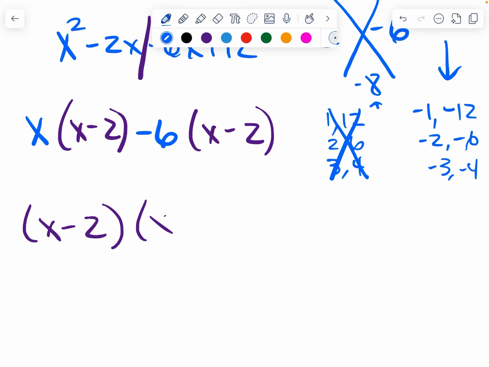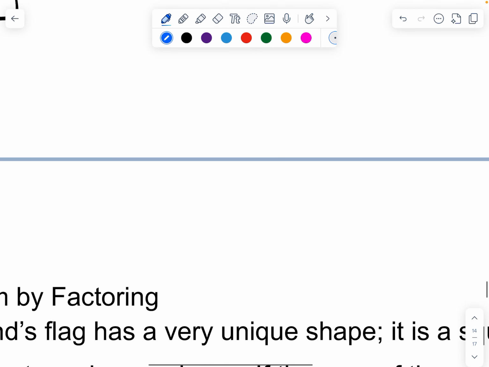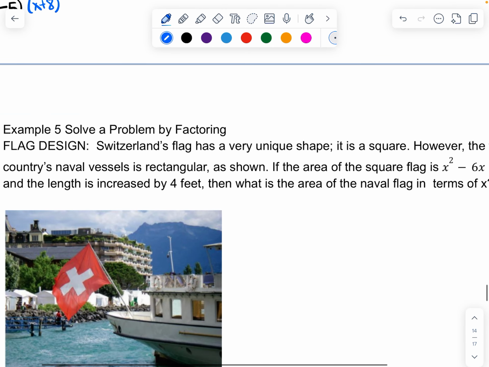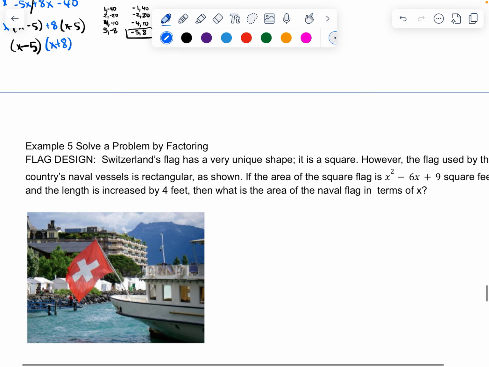Oops, I didn't do it in the opposite color. Okay. Now, so now we have x squared minus 6x plus 9.